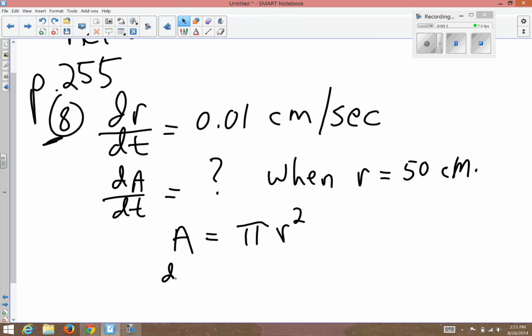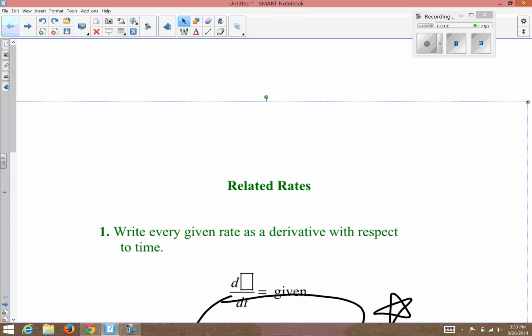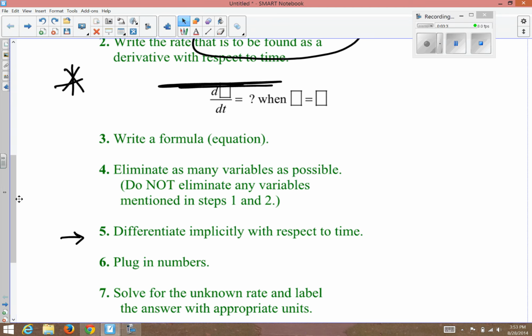The derivative of the left side with respect to time equals the derivative of the other side, which is this exponent times this number times what's in the parentheses raised to this exponent take away 1 times the derivative of what's inside the parentheses. So that's what we call step 5.